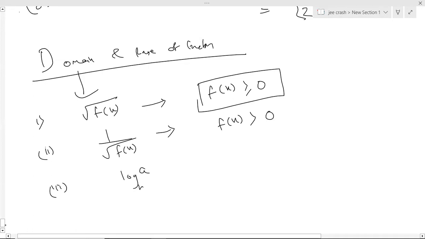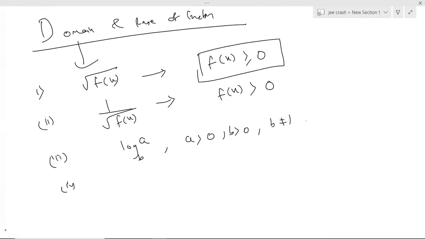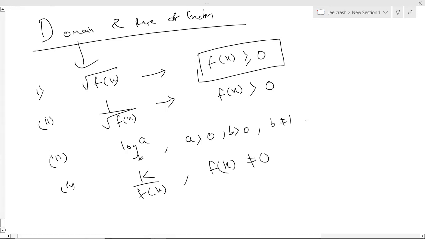Log of a base b, a must be positive, b must be positive, b cannot be equals to 1. ठीक है, a upon f of x अगर है तो f of x cannot be 0. प्लीज ये नोट डाउन कर लीजिए, फ्यू स्टेप्स होते हैं डोमेन निकालने के. whenever you see under root, always remember to make it positive. log में सब चीज पॉजिटिव होनी चाहिए, डिनोमिनेटर में कभी 0 नहीं आना चाहिए.